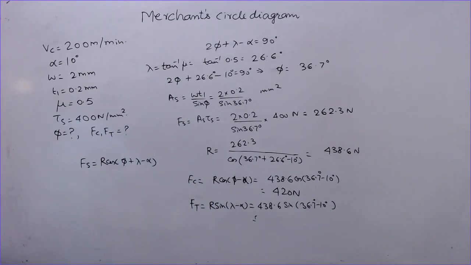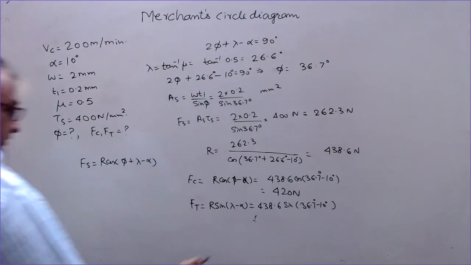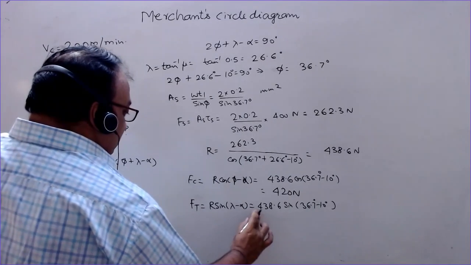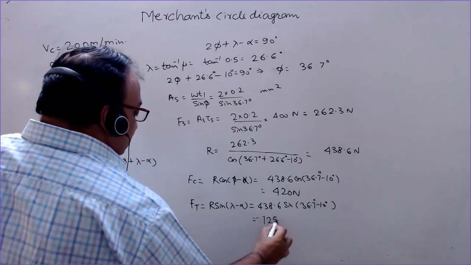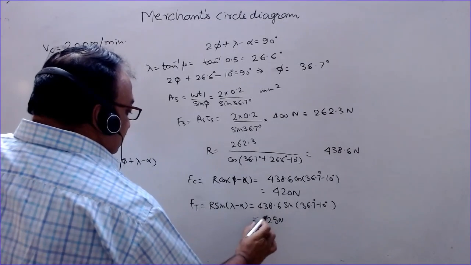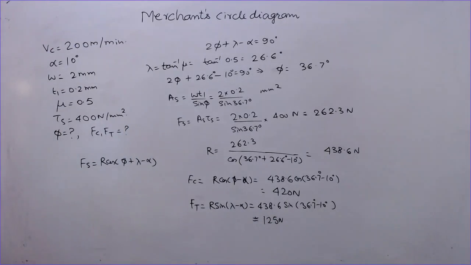So this gives you around 125 Newton. So this is how you can solve the question using the merchant's analysis.